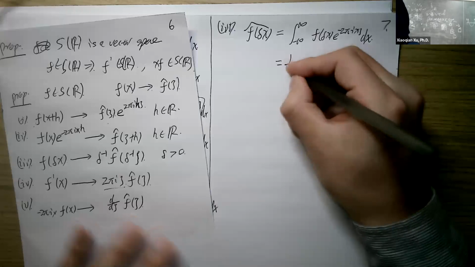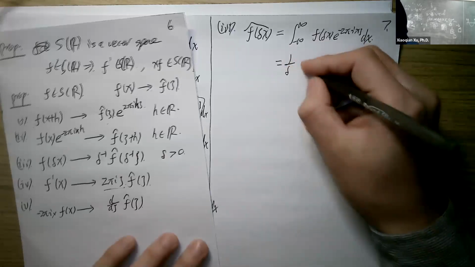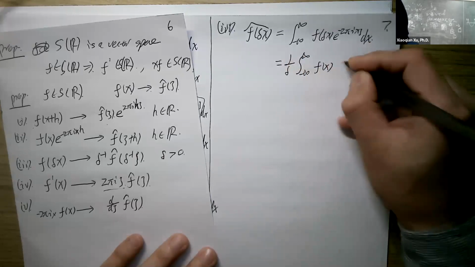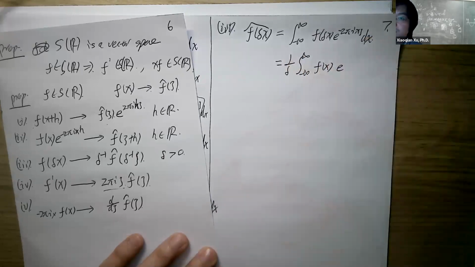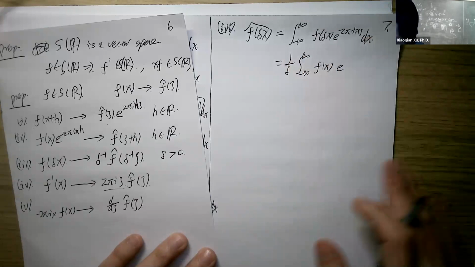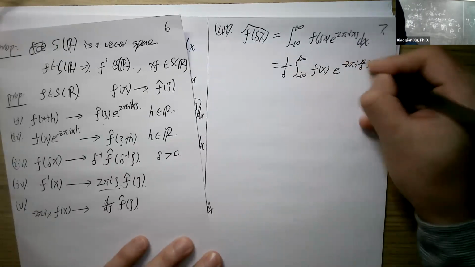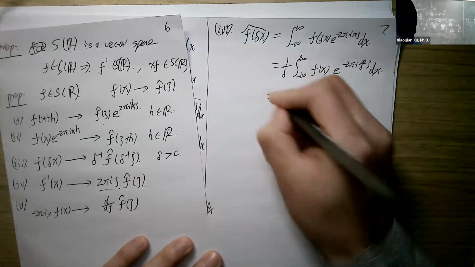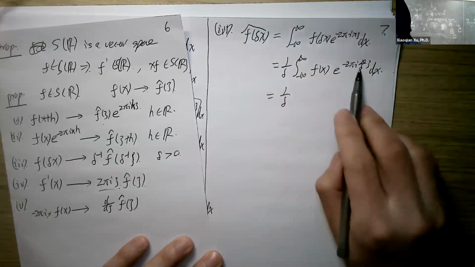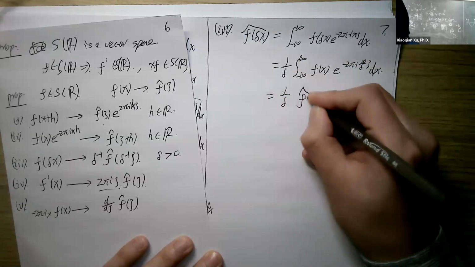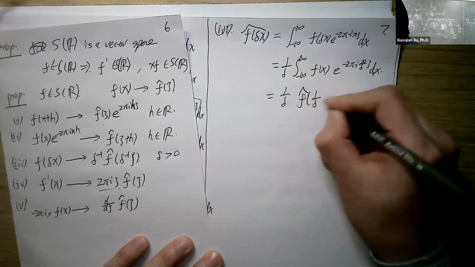Then you should have 1 over delta in front of it. From minus infinity to infinity, f(x), where now you change x to be x over delta, e to the minus 2 pi i x over delta c dx. So it is 1 over delta. You move this delta to this c. So it's f hat evaluated at 1 over delta c.